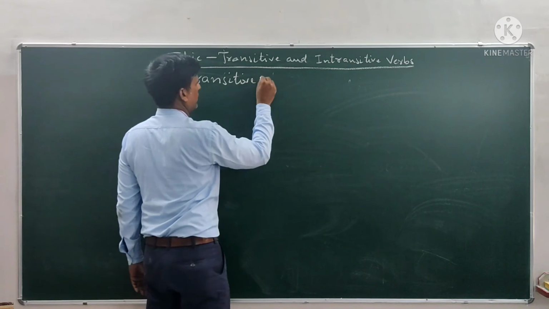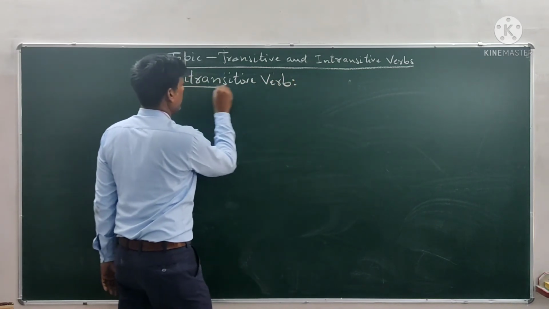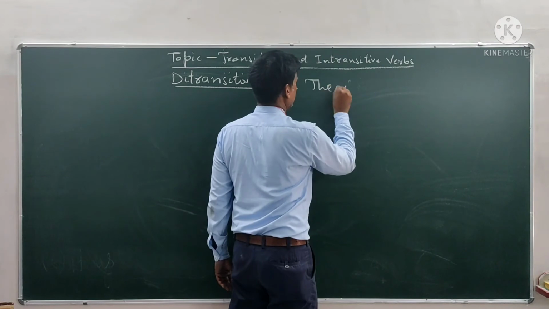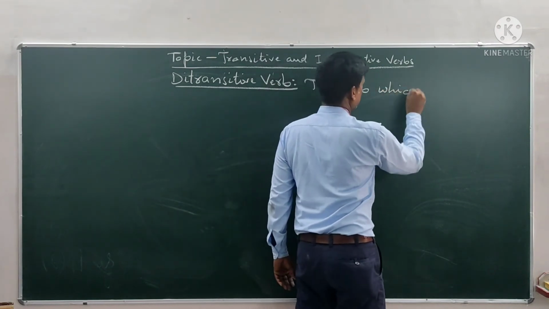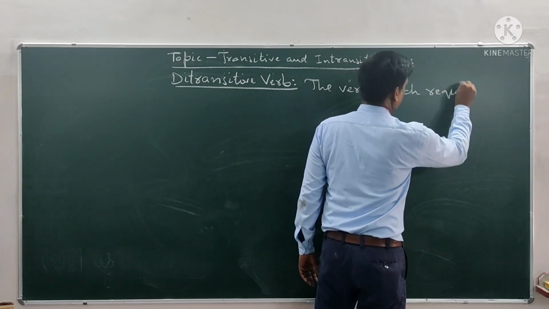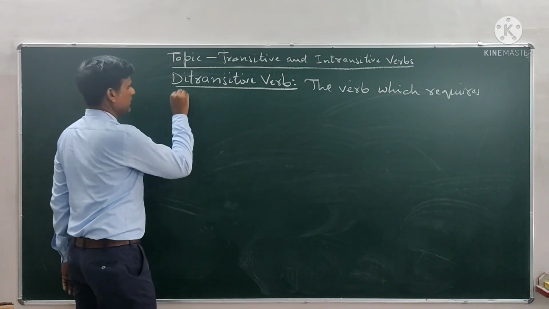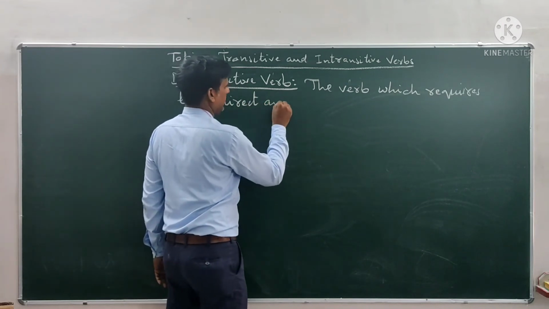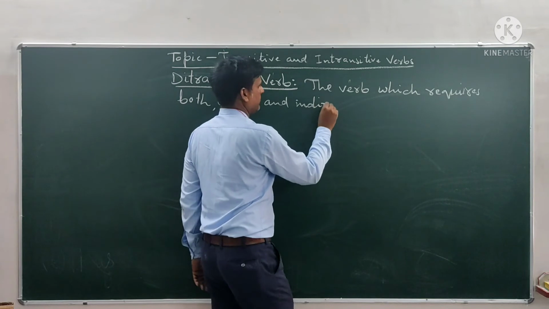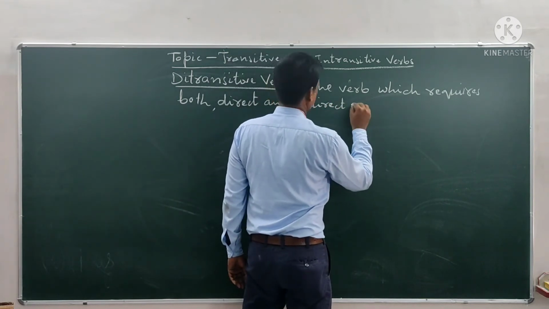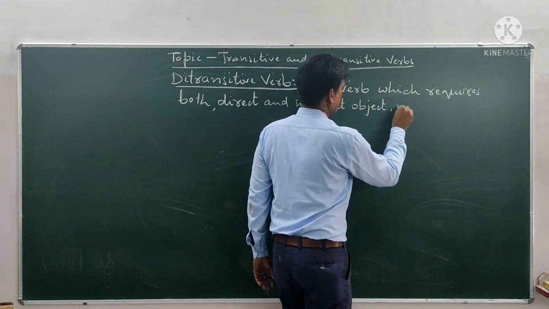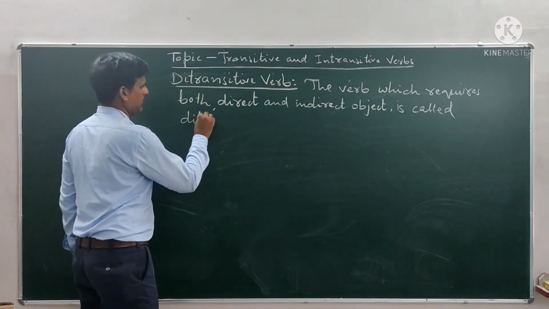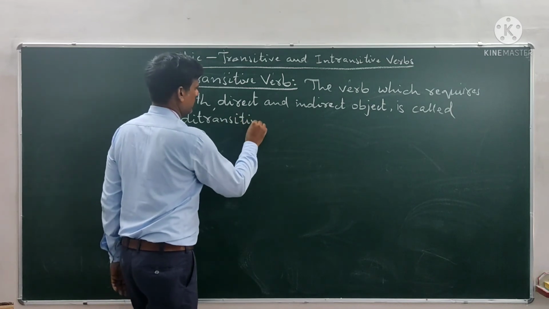The verb which requires both direct and indirect object is called ditransitive verb.